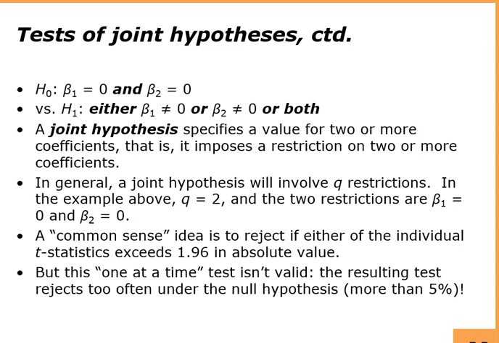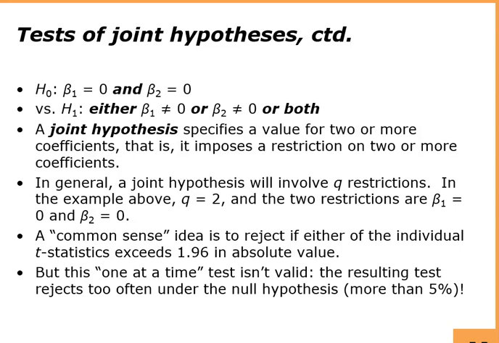So if someone says we are testing the null hypothesis that beta 1 is equal to 0 and beta 2 is equal to 0, common sense might suggest that we can simply test both of these coefficients individually.